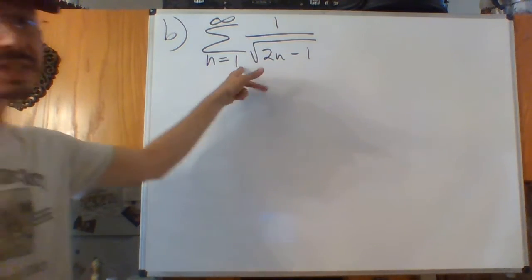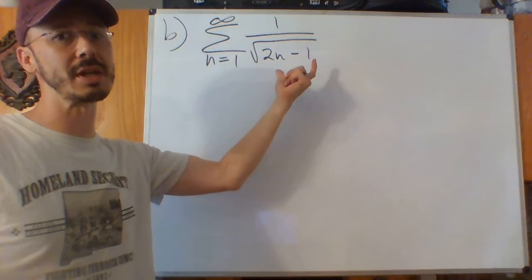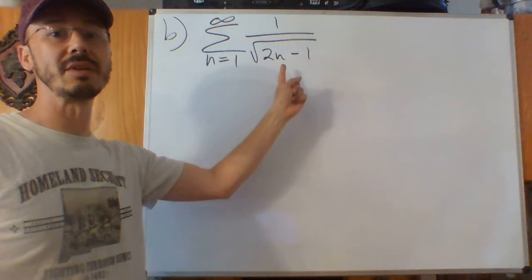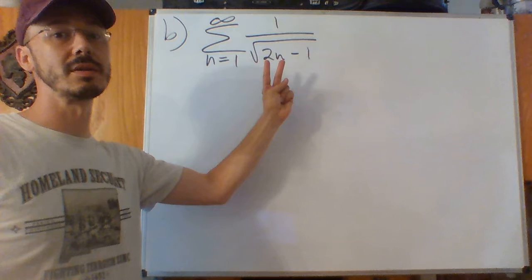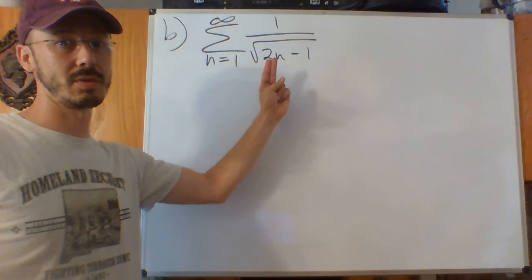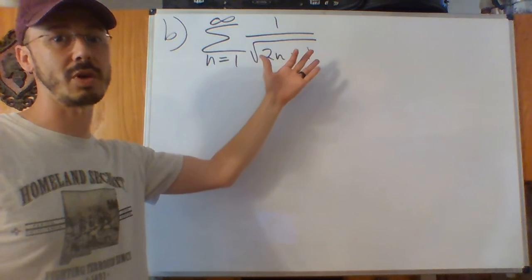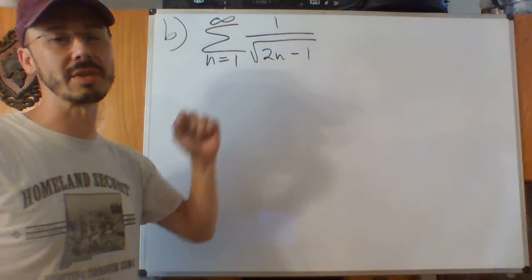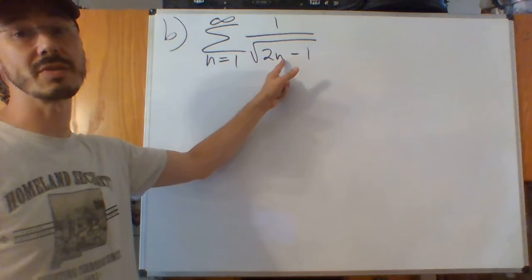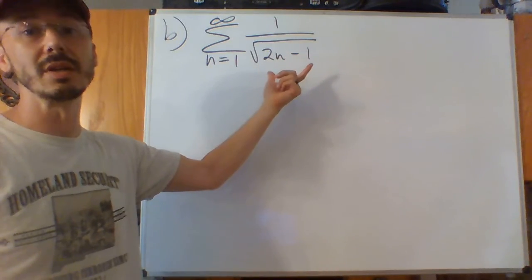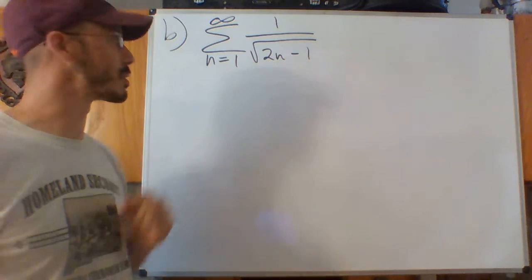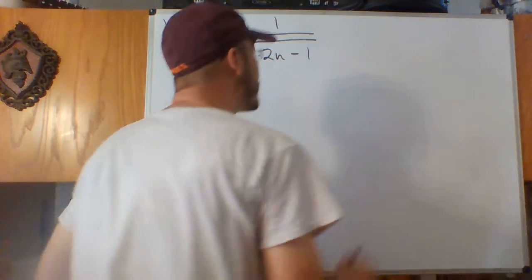So you have to be a little bit careful that we don't get a 0 in the denominator here, but we won't. If n starts at 1, 2n is 2, minus 1, that's 1. And we don't have a 0 in the denominator. For larger values of n, the denominator will be larger, and you won't get a 0.